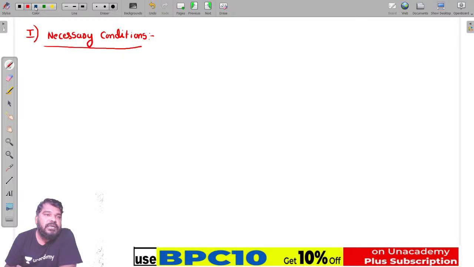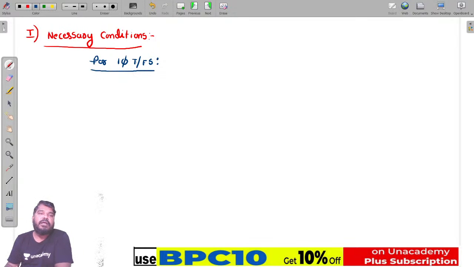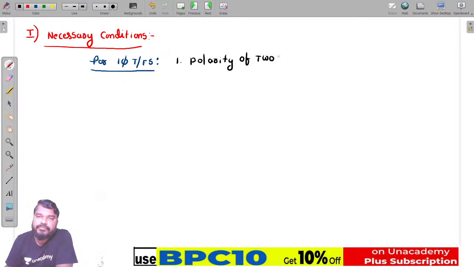Condition one, which we have discussed for single phase transformers: the polarity of the two transformers must be the same.